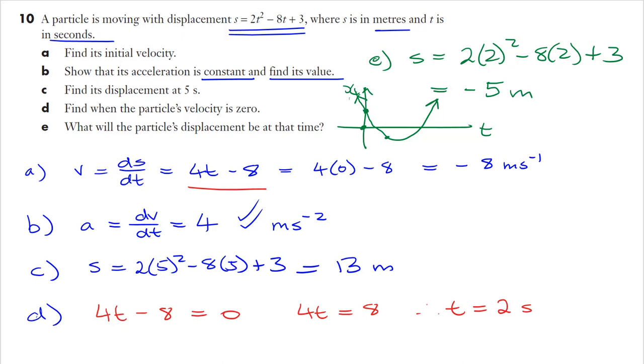Obviously, it's going to have a positive 3 as its y-intercept. Its vertex, if we try to find what x value would be here, well, remember the vertex is at minus b over 2a, which would be at 8 over 2 lots of 2, which would be 4, so that would be at x equals 2.